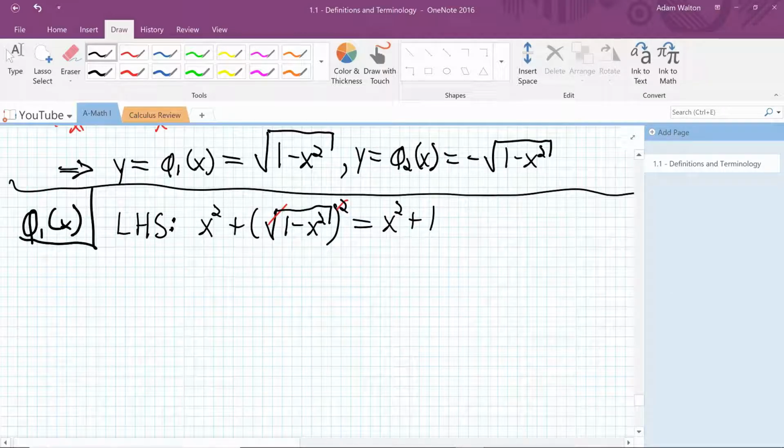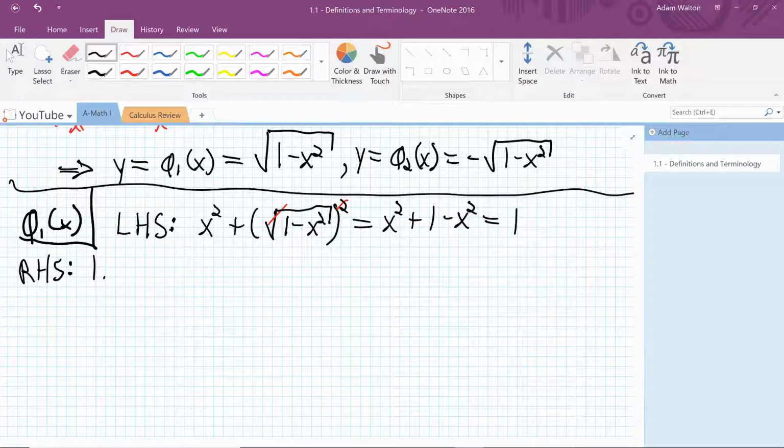So it's just plus 1 minus x squared. We have both of these x squareds here, so those are going to cancel, and that's just going to be equal to 1. So now take our right-hand side, and that's just 1, and that's it. So we verified that phi 1 of x does in fact satisfy the relation that we were given in the beginning, x squared plus y squared equals 1.